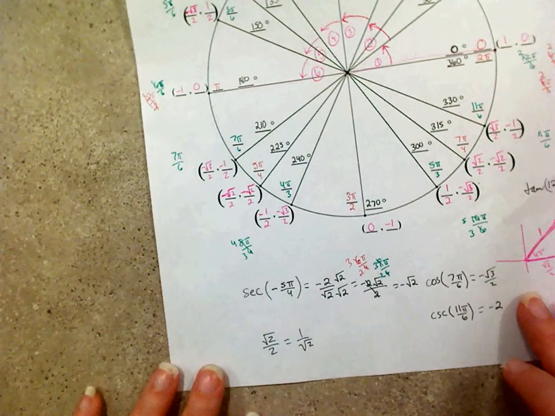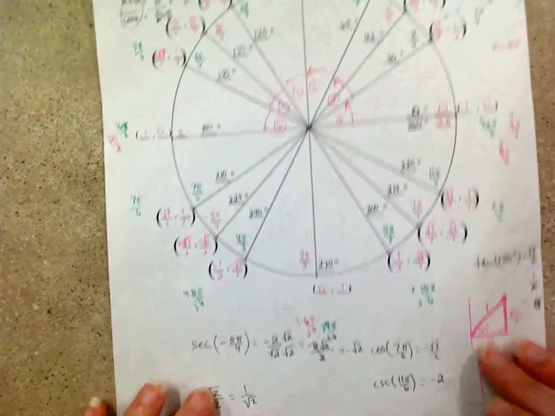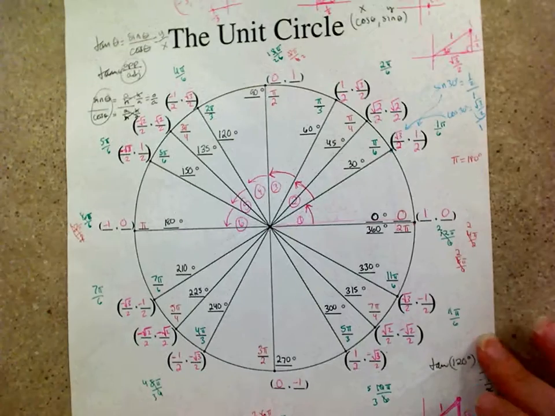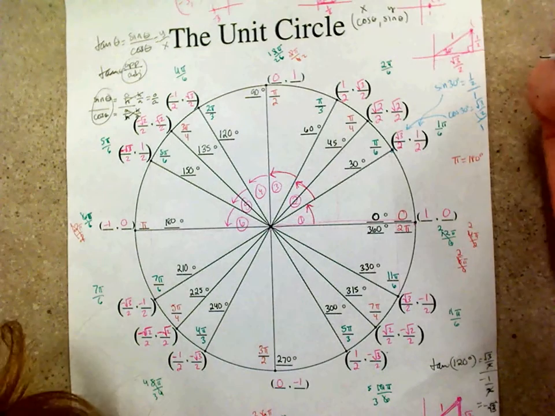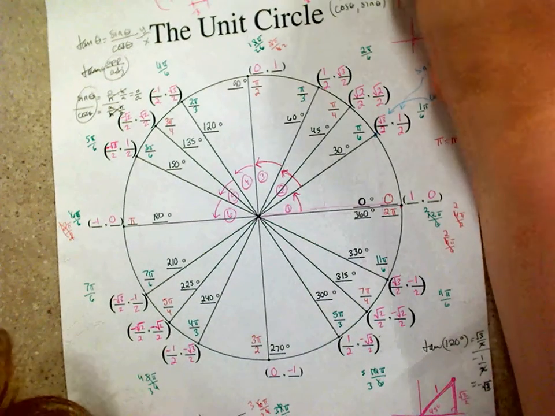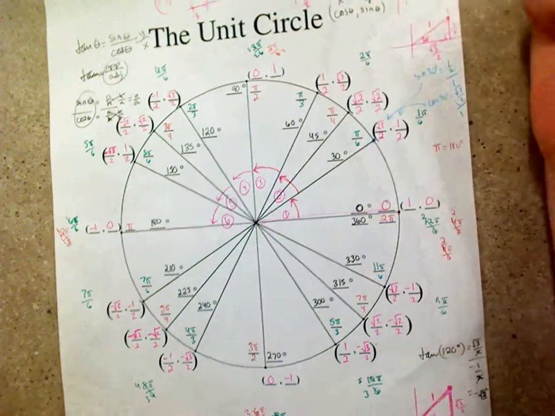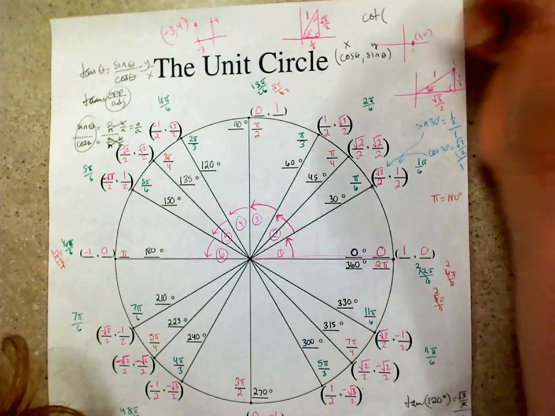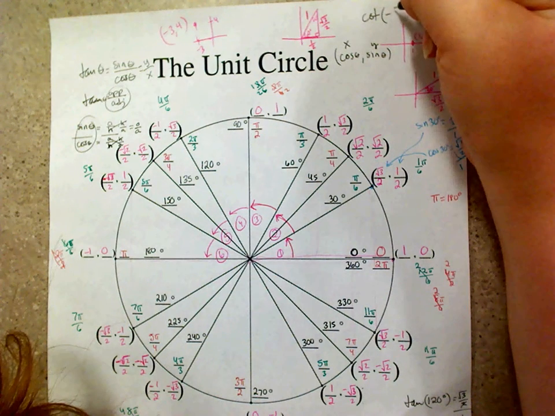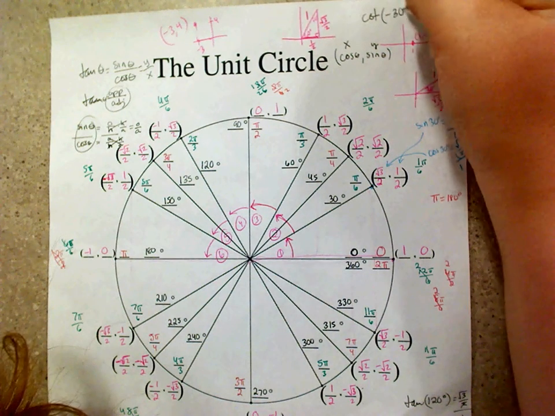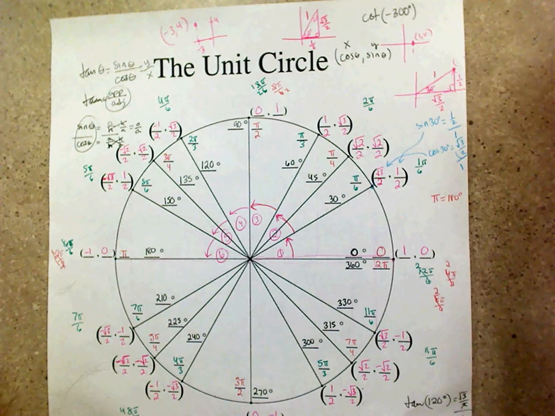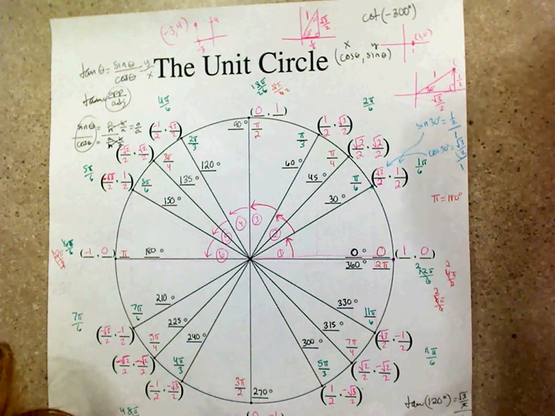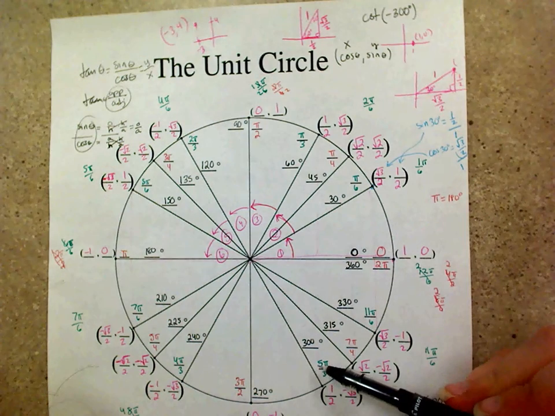Let's do one more. If I ask you to find, let's say, cotangent of negative 300 degrees. Cotangent of negative 300 degrees. So here's 300, so that means negative 300 is up here at 60.